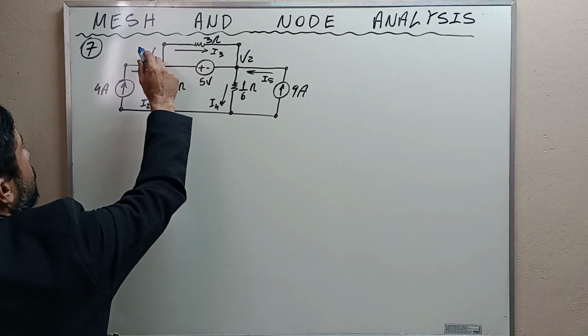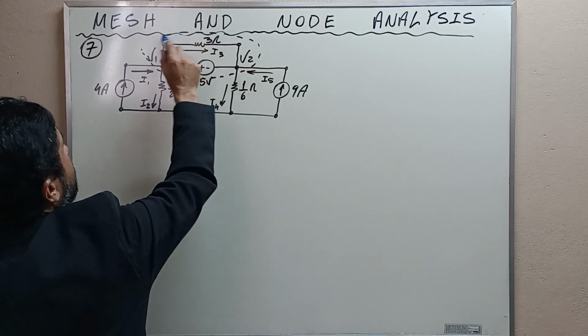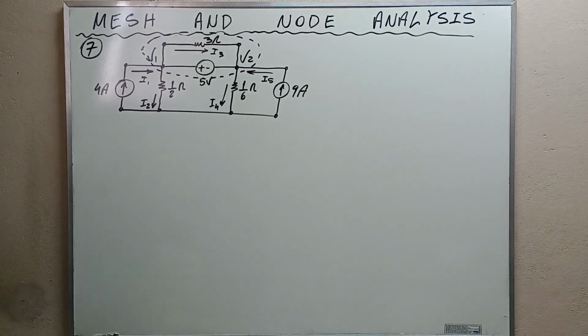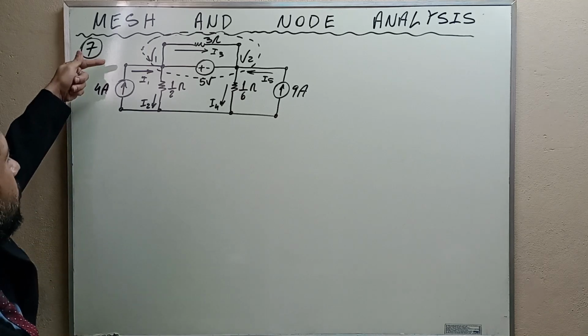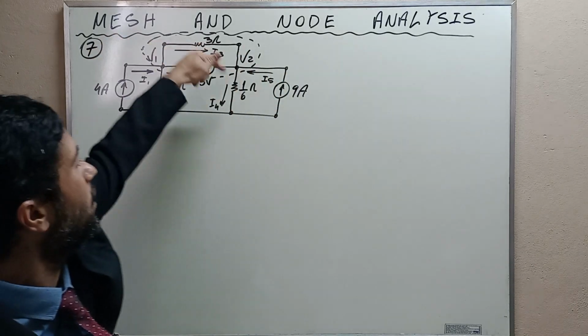We are going to use a supernode here and neglect I3. We are only seeing what enters here and what leaves here and here, okay?